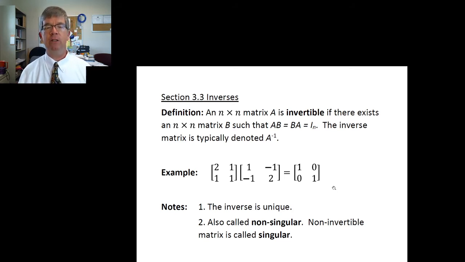Some other terminology that you'll see: another standard term for an invertible matrix is a non-singular matrix. And similarly, if a matrix does not have an inverse, it's called singular. I always thought this was funny, that we have these two sets of terms: invertible, non-invertible, singular, non-singular.